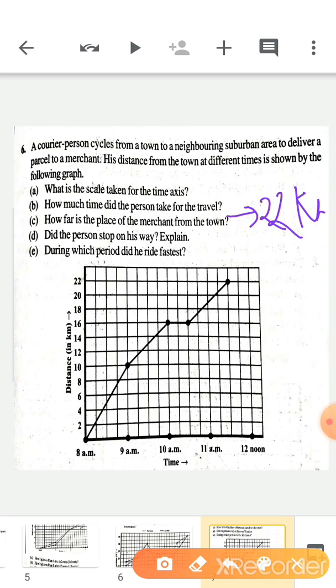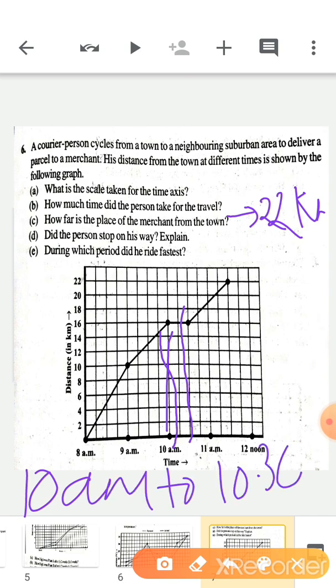Yes, he has stopped, because at 9 a.m. he has traveled 16 kilometers, and at 10 he has traveled 16 kilometers, and at 10:30 also 16 kilometers. So it means there was no movement. It means he has stopped between 10 a.m. and 10:30 a.m. So there is no traveling between these two times.